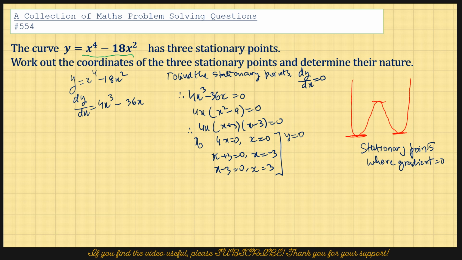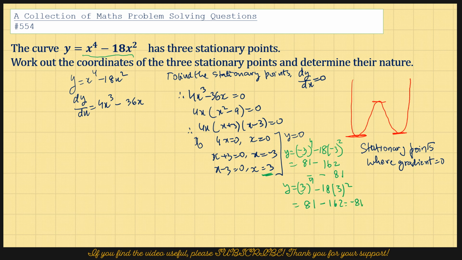And then x equals minus 3 would give y equals (minus 3) to the power 4 minus 18 times (minus 3) squared, that is 81 minus 18 times 9, 162, and that equals minus 81. And if x equals 3, we'd get y equals 3 to the power 4 minus 18 times 3 squared, the same thing, 81 minus 162, and that is minus 81.